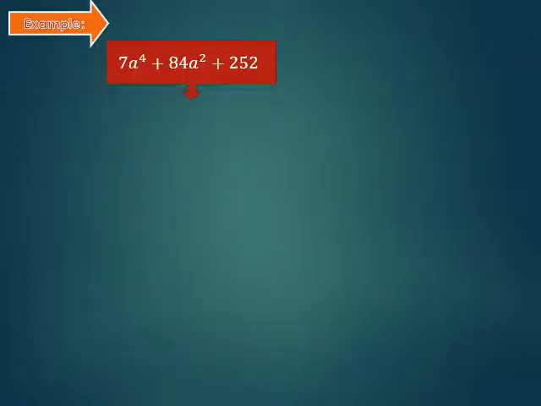Next example, 7a4 plus 84a square plus 252. Notice here 7a4 is not a perfect square, as 7 is a prime number. It cannot be written as a perfect square. Overall, 7 is common.